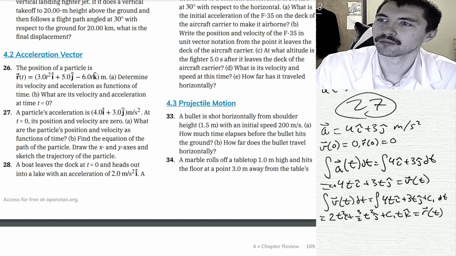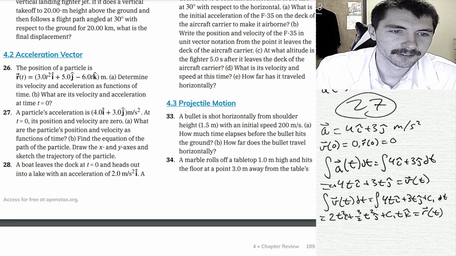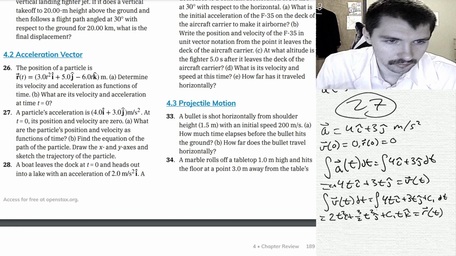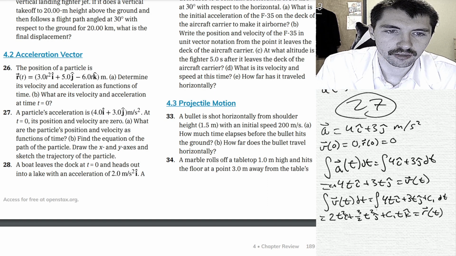Okay. So, 27. Find the equation of the path of the particle.